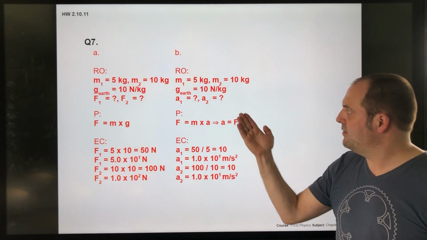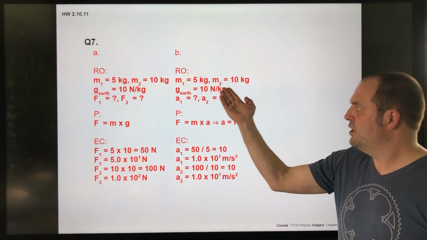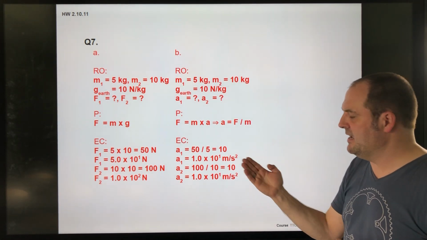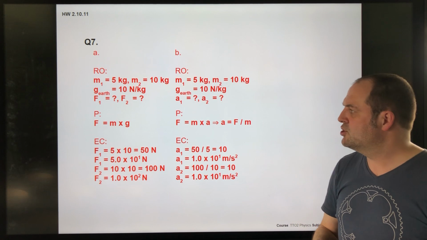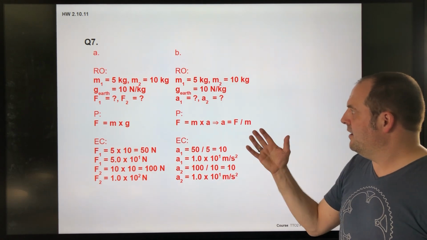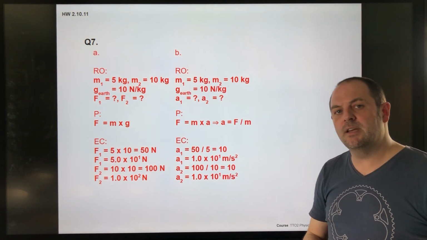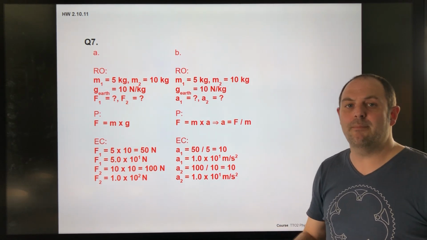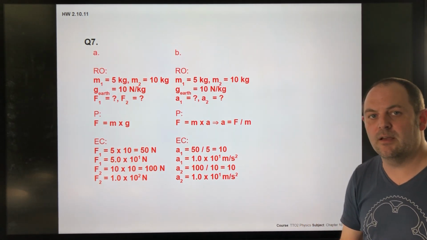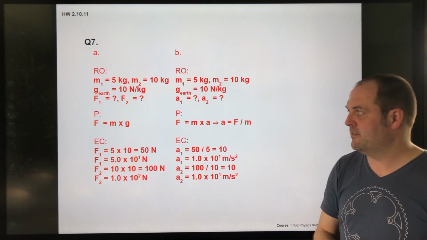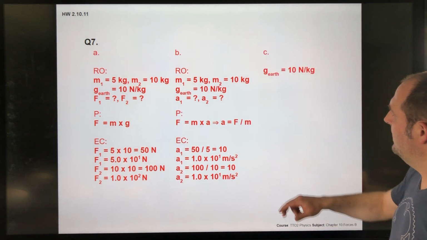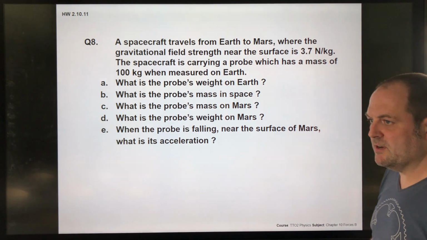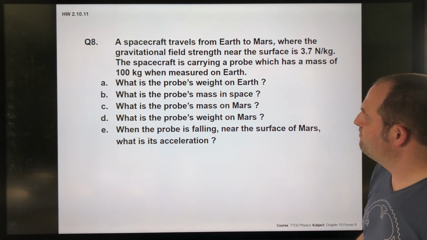Don't get confused about the symbols, the units. Newton per kilogram is the same as meters per second squared. So if this question was in the test, if you would just give me an answer that it should be the same as the gravitational field strength, the acceleration, it would be perfect. Then question C. Question C was of course 10.